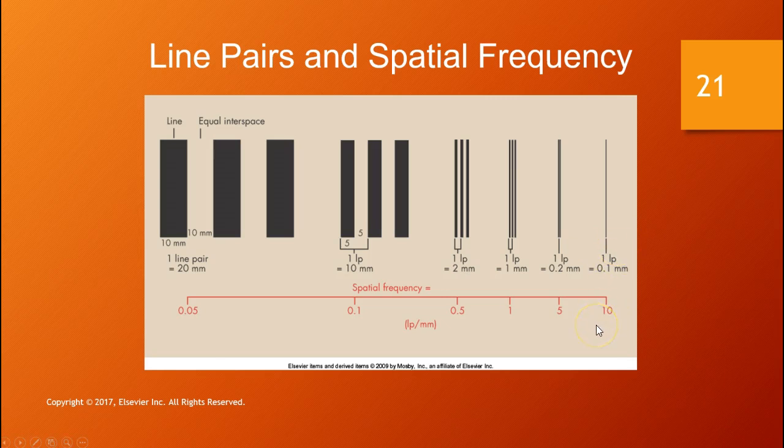But this is how you can measure recorded detail. The unit of measurement is line pairs per millimeter, and that's important for you guys to know. This is a measurement tool that tells you at which point the viewer can discern the closest pair of lines from each other.